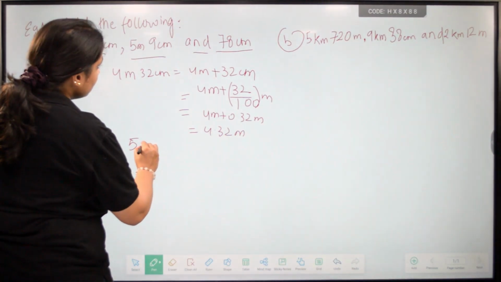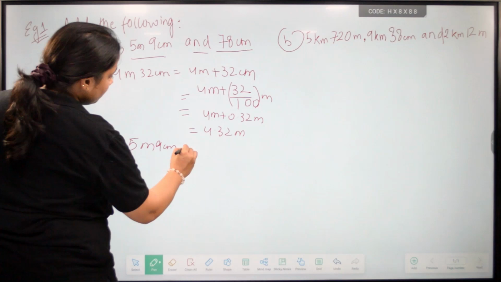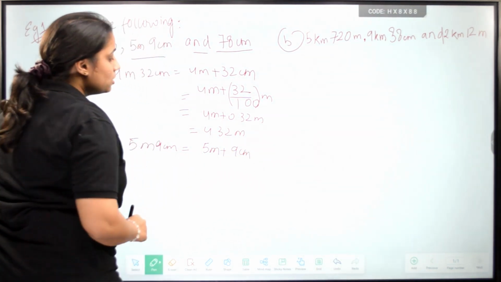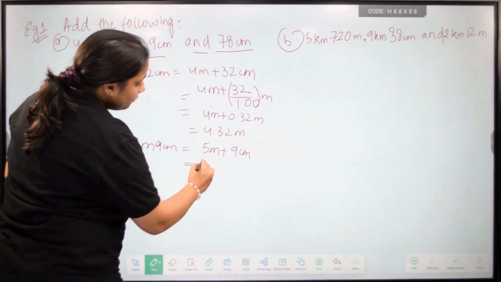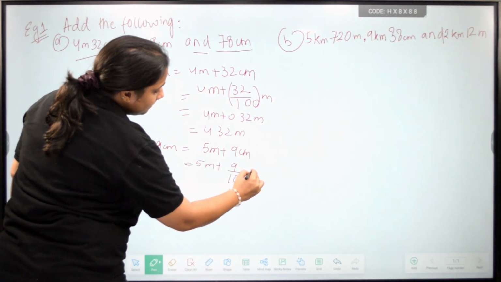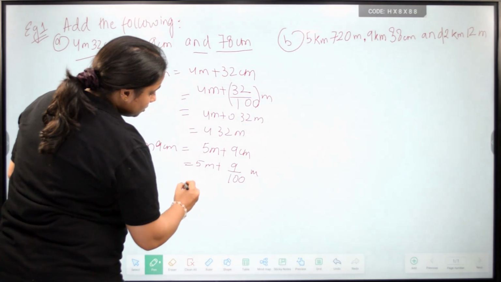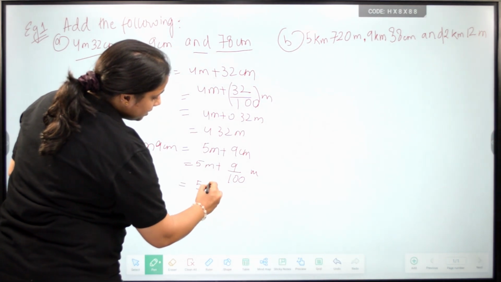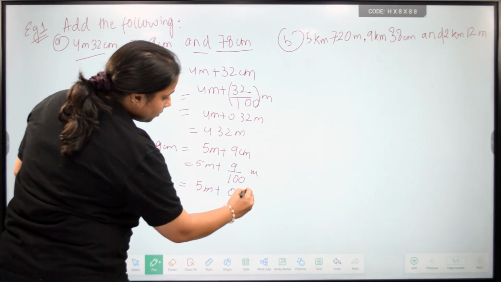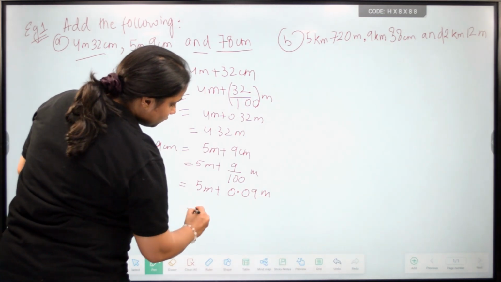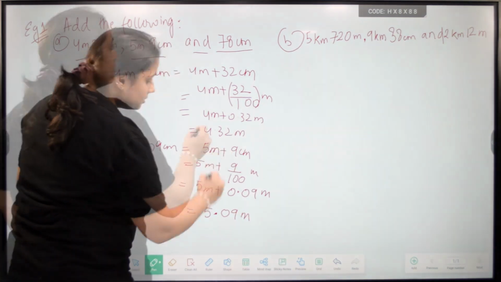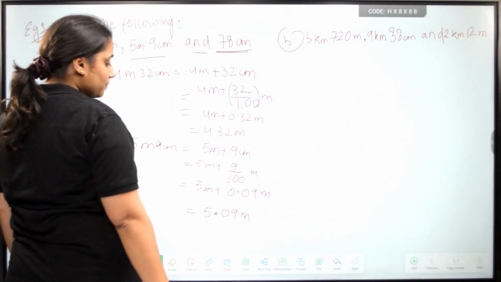Now 5 meter 9 centimeter will be written as 5 meter plus 9 centimeter. Similarly, 5 meter plus 9 by 100 meters. So it will be 5 meters plus 0.09 meters, which is equal to 5.09 meters.